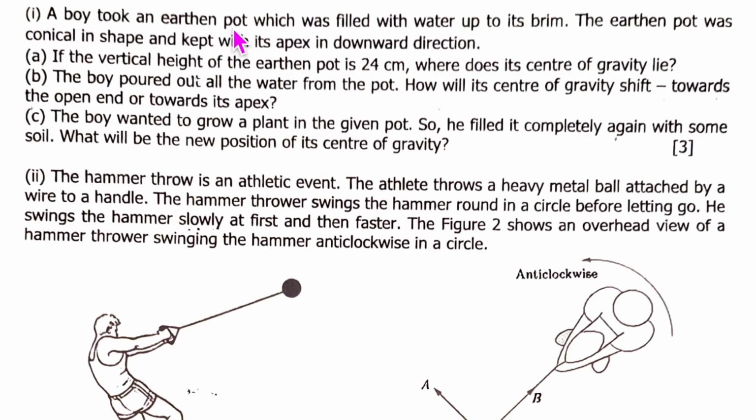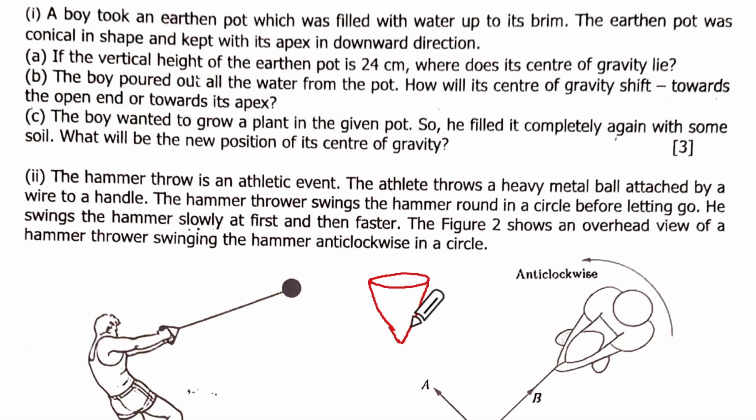A boy took an earthen pot which was filled with water up to its brim. The earthen pot was conical in shape and kept with its apex in downward direction. So we have the inverted cone like this.